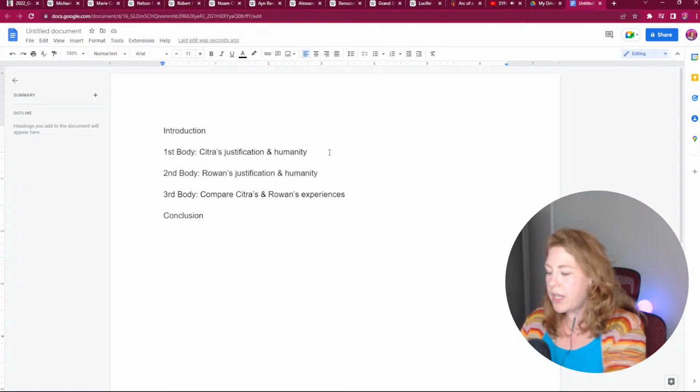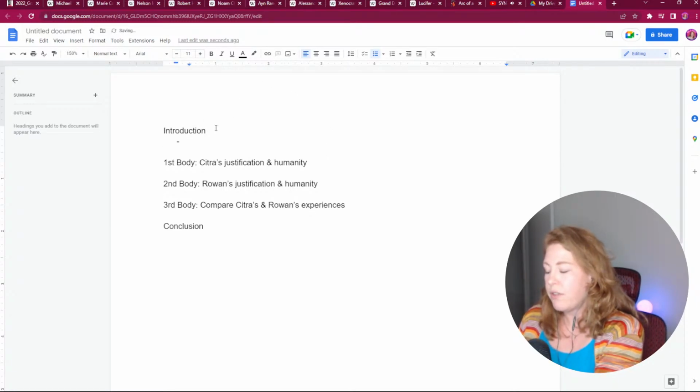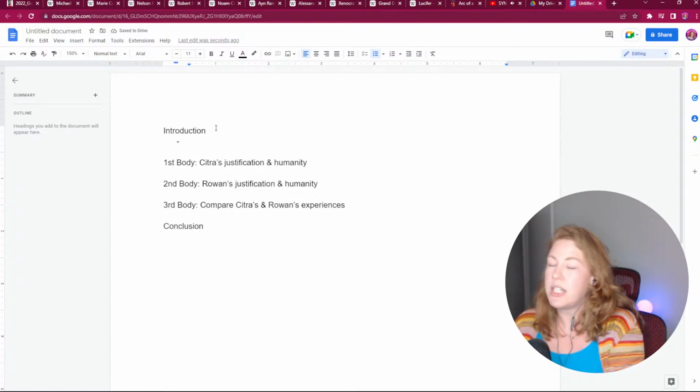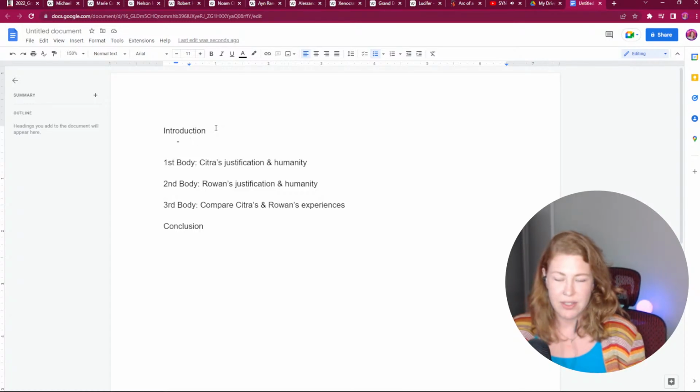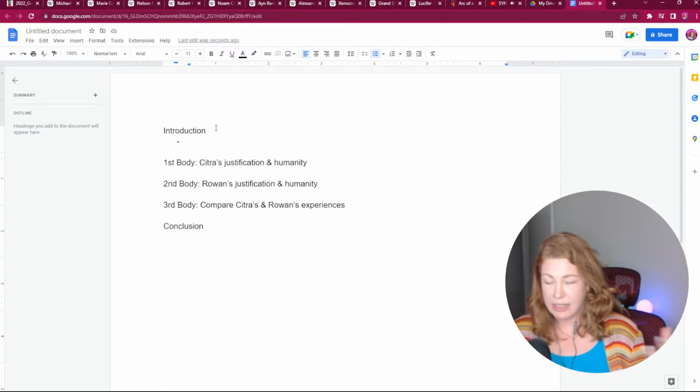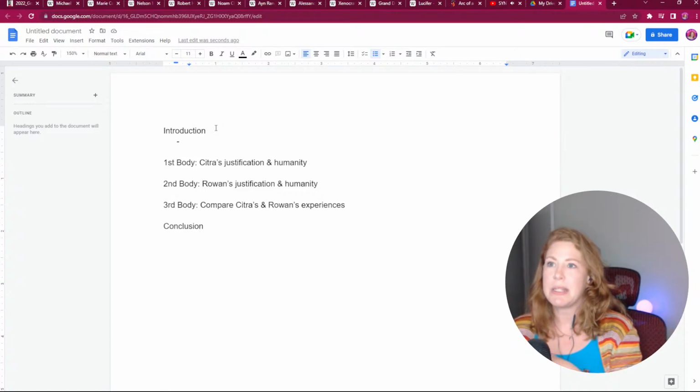So when we do our introduction, we're going to need a couple of things. First of all, your teacher's always going to say that you need a thesis. And the thesis is obviously the whole point of your essay. It's like why you're writing it. Now, when you're writing an explanatory essay, an expository thesis can be a little bit different than what you might be used to.